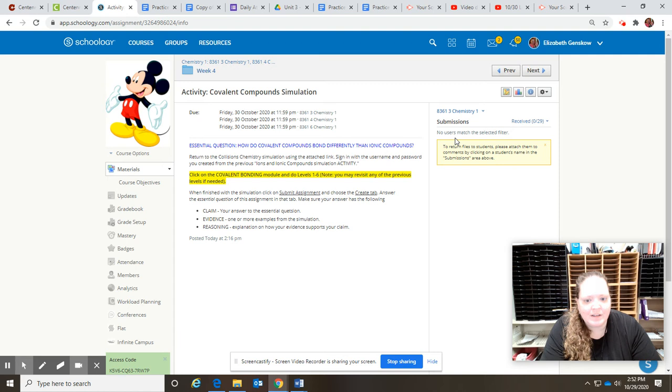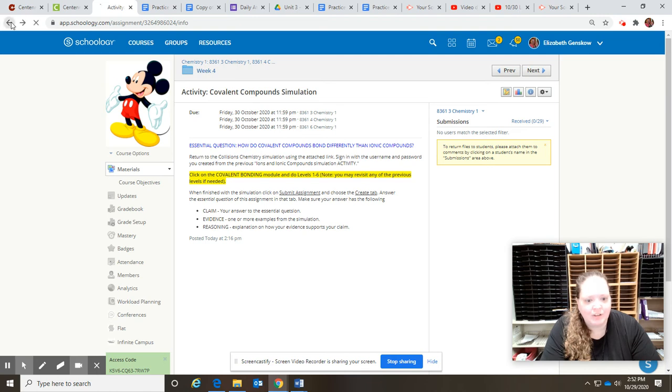In the submit button, okay, you are going to answer the essential question, and then you're going to write a CER statement, okay? That's what you're doing. So when you're finished with the simulation, in the Create tab, answer the essential question, and then write a good CER statement, okay? That has to do with covalent bonding.